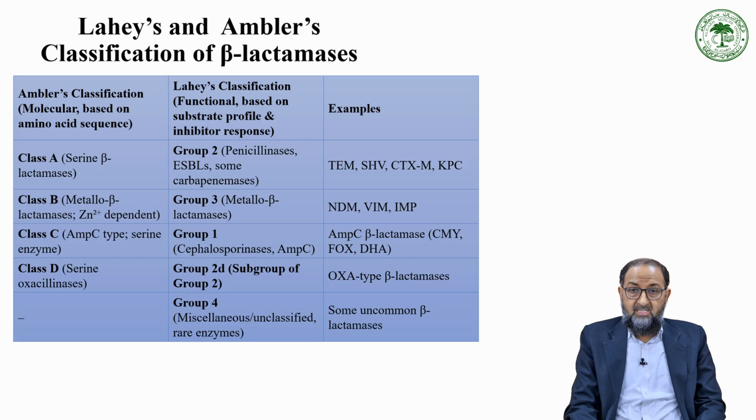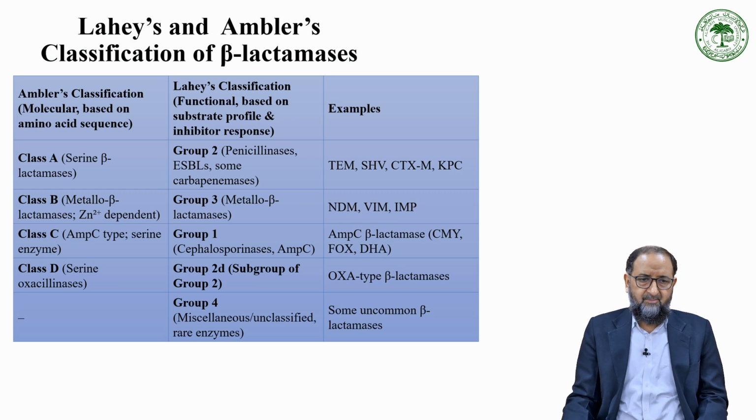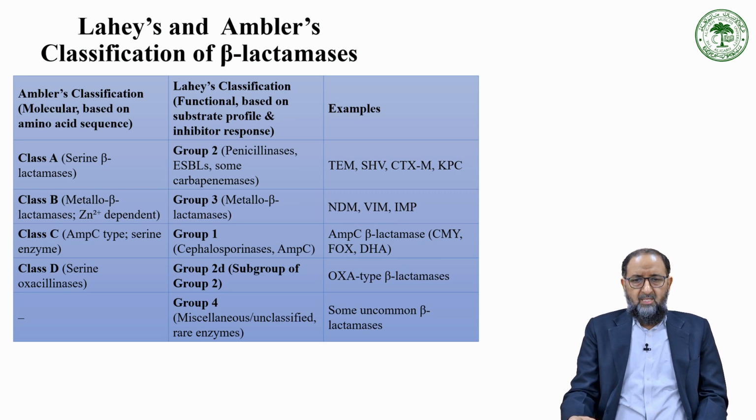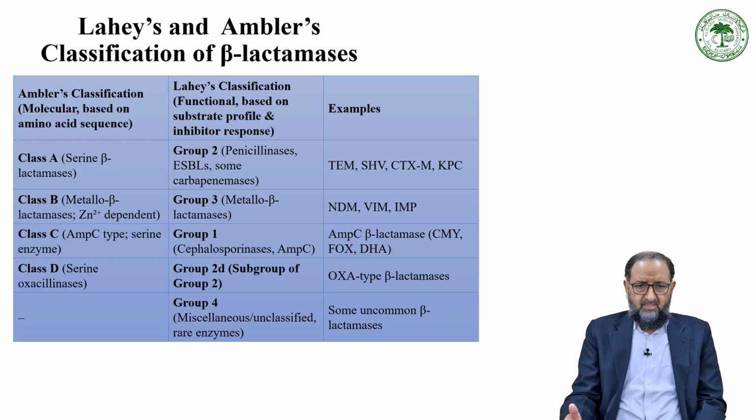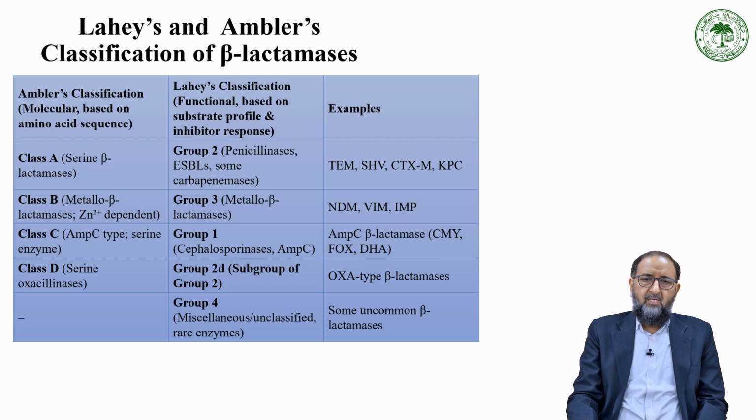We call them miscellaneous unclassified rare enzymes, like some uncommon beta-lactamases, which are not characterized and not very common. But we like the OXA type of classification sometimes. Then we have OXA derivatives, which are less active, and we call them low expression enzymes.